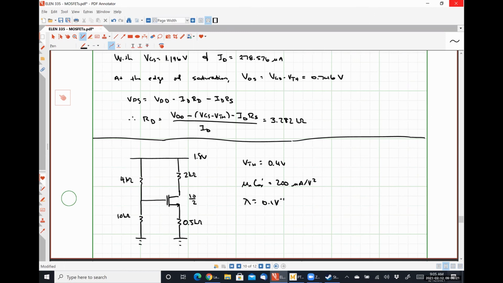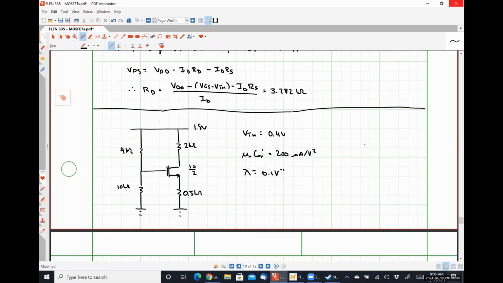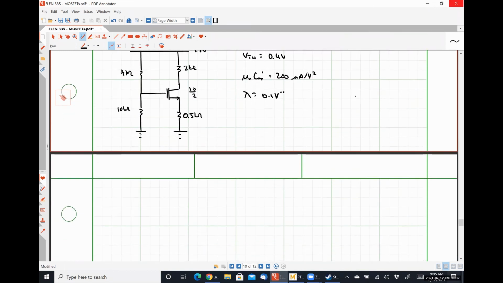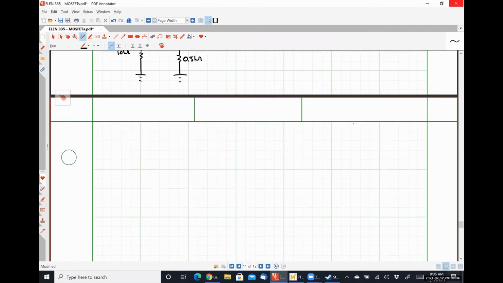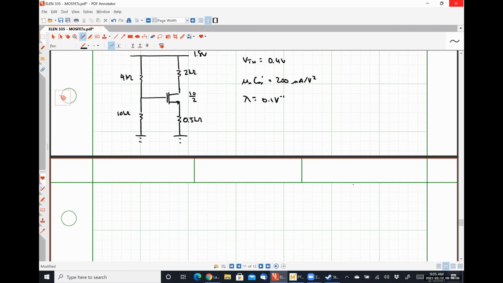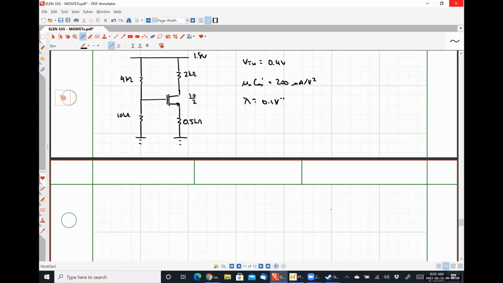And since it's deep into the saturation region, we should expect channel length modulation to play some role. I'll give you a minute to finish copying that down.